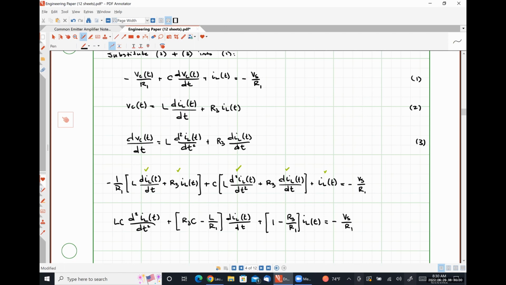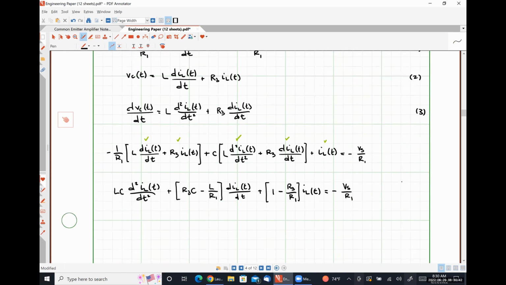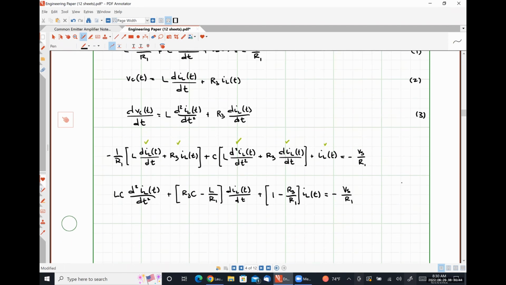And now my last step is to simply divide both sides by LC so that the second derivative term has a coefficient of 1.